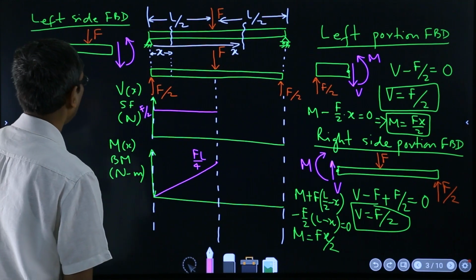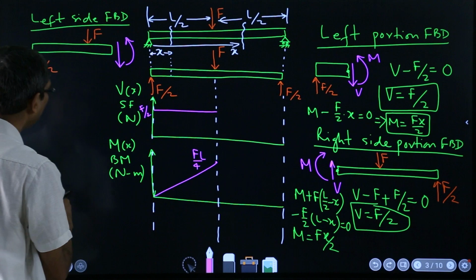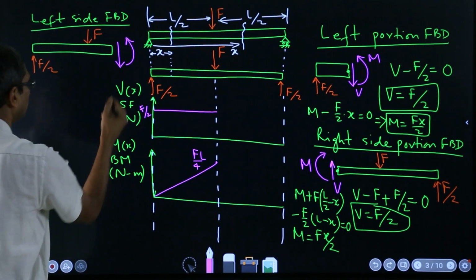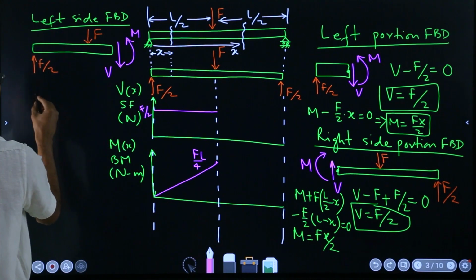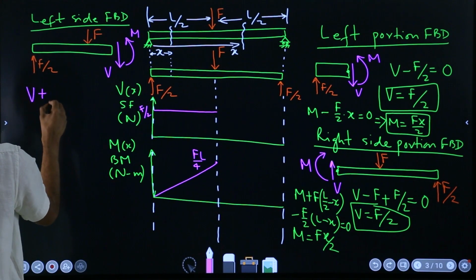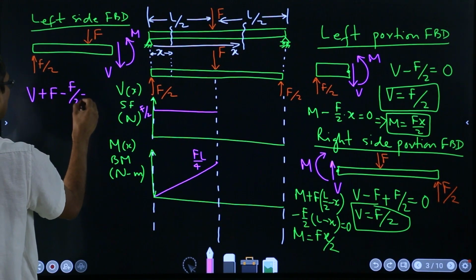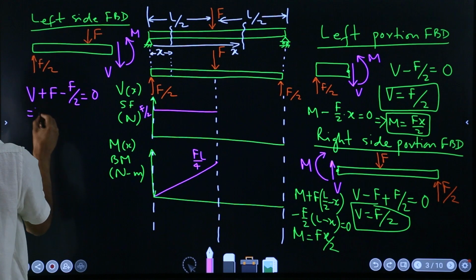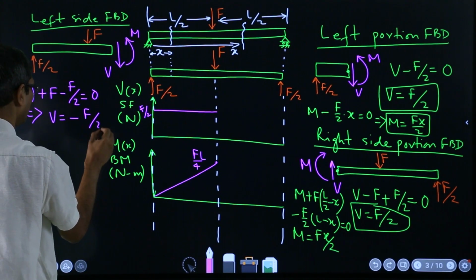Yeah, so I think, let's say we will just do for F here. What would you get? So this is V and this is M. So now V plus F minus F over 2 is 0, implies V is negative F over 2.